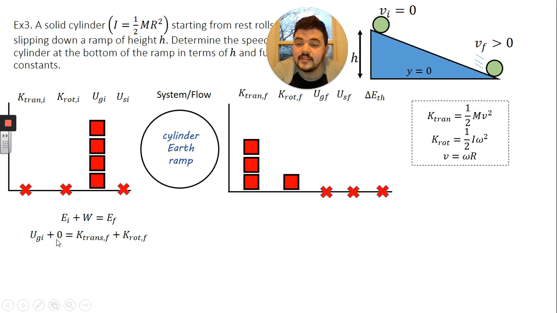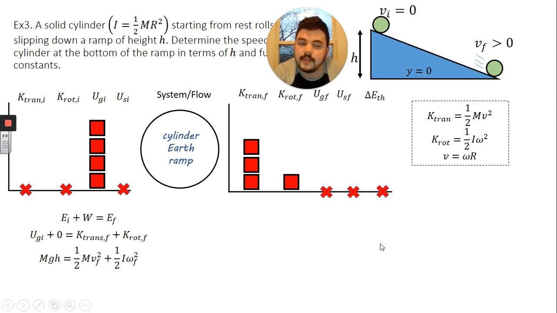The work that's done is 0. And in the final scenario, we now have the total kinetic energy being the sum of the translational and rotational kinetic energy. Substitute in some formulas. mgh for your initial gravitational potential energy equals 1/2 mv squared for your translational kinetic energy plus 1/2 I omega squared for your rotational kinetic energy.